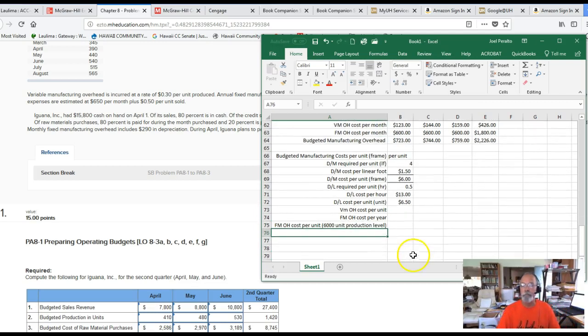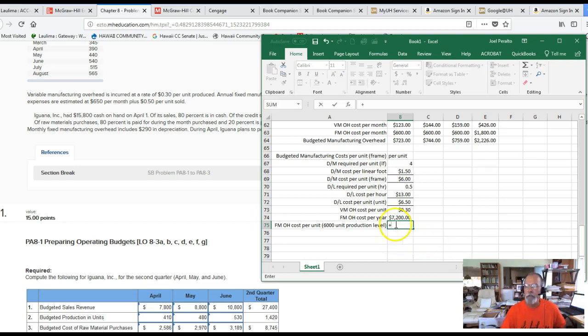Okay. This was 0.3. This was 72. So if we take 7,200 and divide by 6,000, it's $1.20.